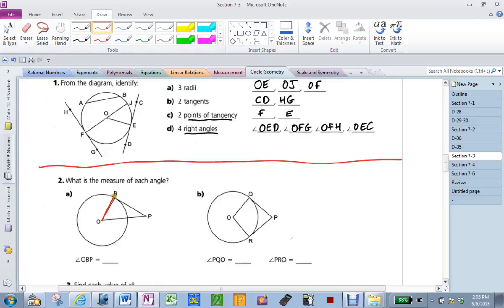O, B, P. What angle did I just make? Which is 90 degrees. I want the measurement. P, Q, O. What did I just make? 90. And P, R, O. 90 again. I am testing on your ability to read these. When you read an angle, you just follow the letters.